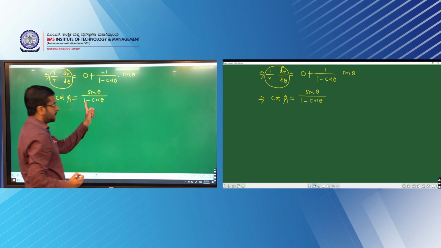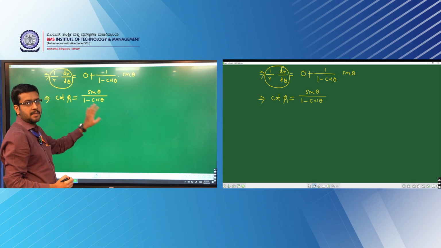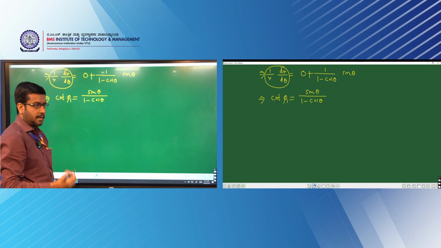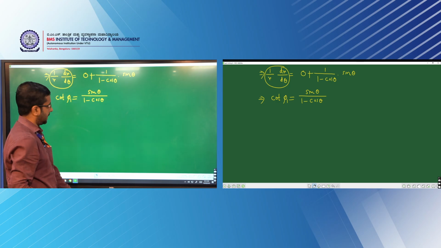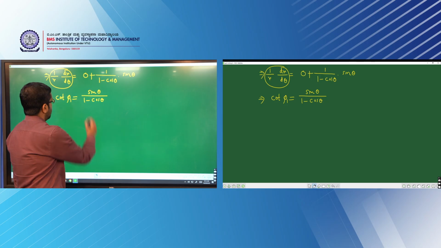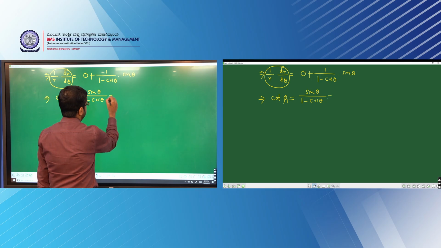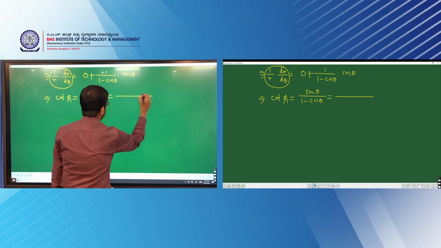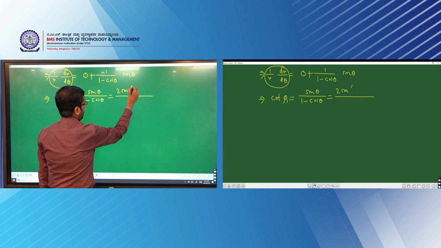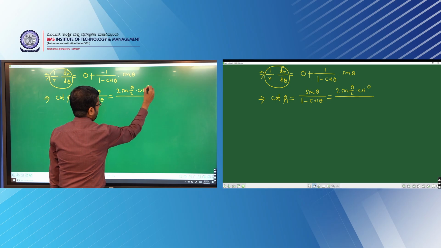Now, we have to make this right hand side expression. You see, the right hand side expression is coming in terms of sin and cos, but ultimately we have to make the expression in terms of cot, then only we can equate the angle. So, first we have to think how we can make this cot. Okay. So, here what we can do, sin theta by 1 minus cos theta is given. So, we can break it in the trigonometric formula: 2 sin theta by 2 into cos theta by 2.